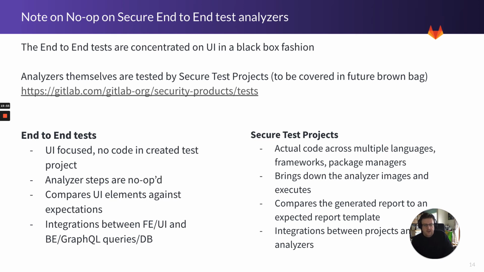The secure test projects and the secure test orchestrator do find defects within the analyzers. For example, there was a recent issue with License Finder where a .NET third-party plugin had an issue where it was trying to run a curl command to bring down an install script. This suddenly redirected, was bringing down an empty script.